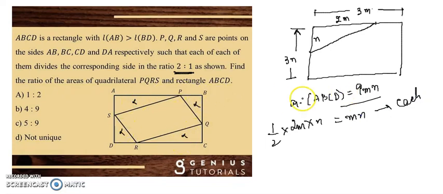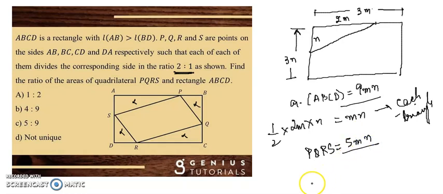So the area of the quadrilateral PQRS will be 9mn minus 4 times mn, that will be 5mn. So the required ratio will be 5:9. So 5:9 would be our final answer, and C should be your correct option. Okay, let's move on to the next question.